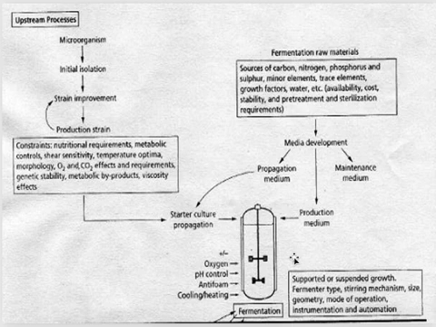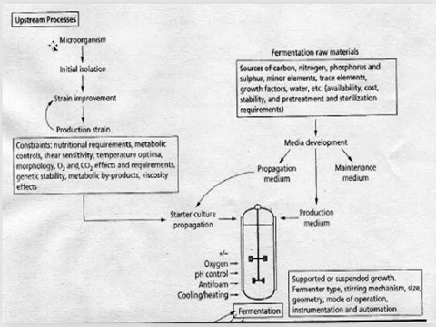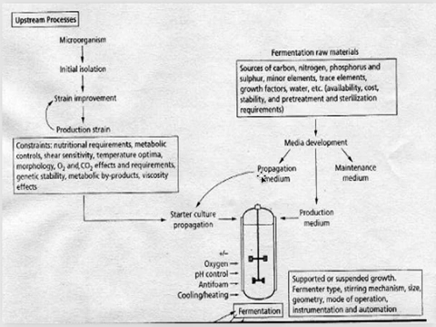So when we do this in industrial microbiology, the steps shown here are not everything actually. Think this way. You are a scientist and you want to develop a fermentation process to produce something.